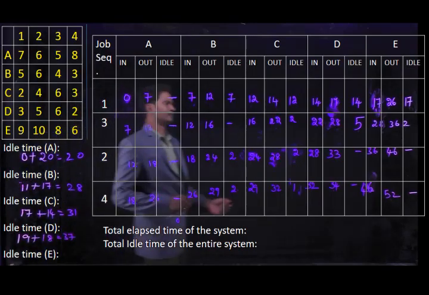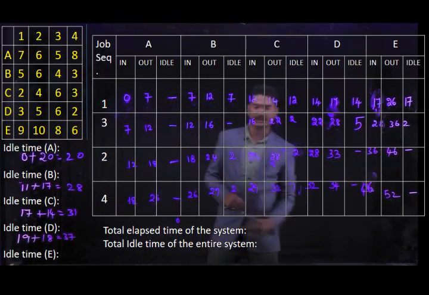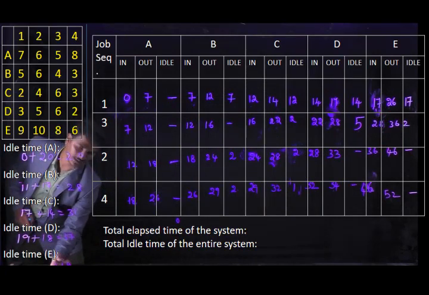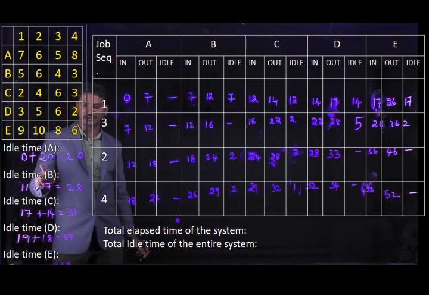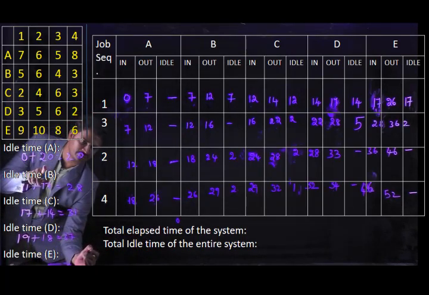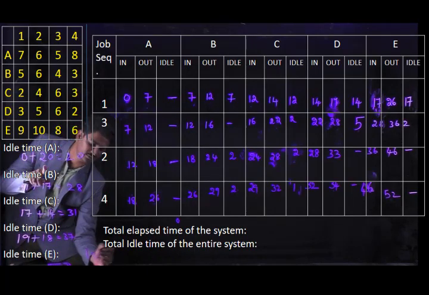Here 17 to 19 hours is there, and job B idle time is 19. Coming to this, again we are going to check the idle times. Here the E value is 19 hours.